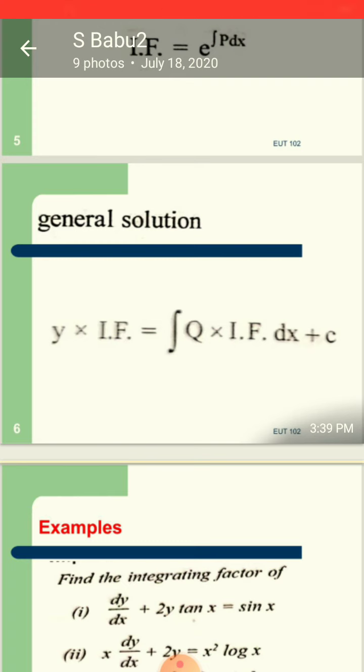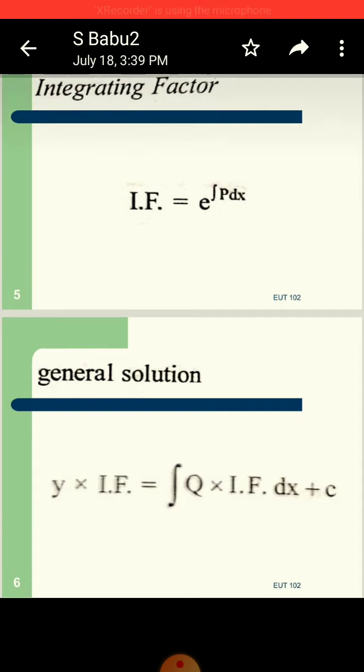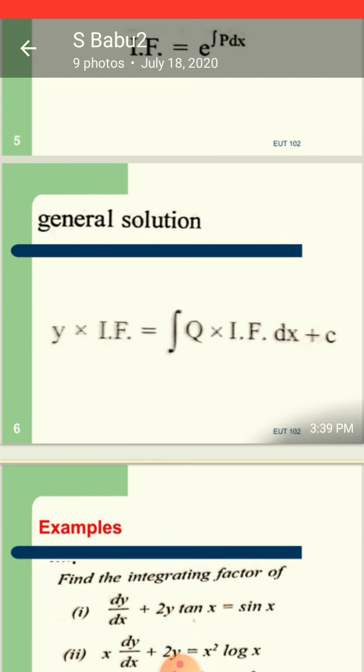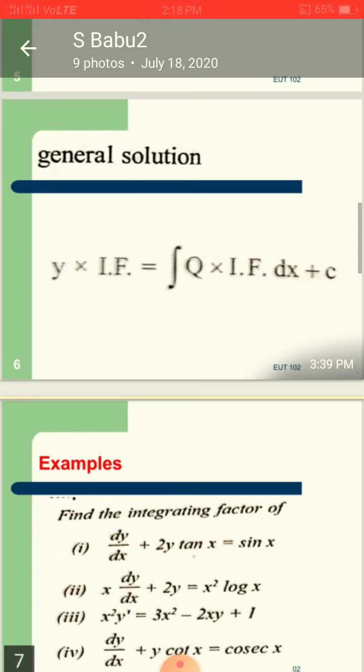So here we have to consider one thing. I would like to introduce a great phenomenon here. What type of phenomenon are we having? In this topic, ordinary differential equations, we have different kinds of methods to find the solutions of different kinds of ordinary differential equations.